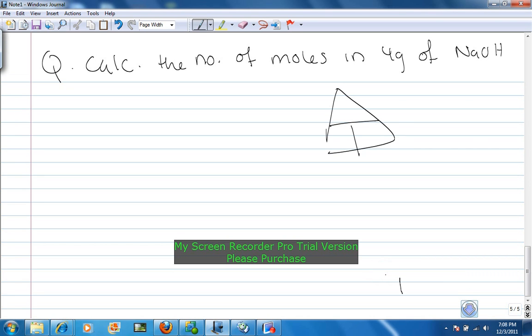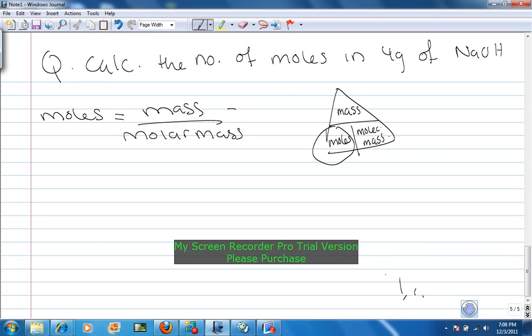The triangle is the mass, the number of moles, and the molecular mass. If we're trying to find out the number of moles, we see from the triangle that the number of moles equals the mass on top of the molar mass.